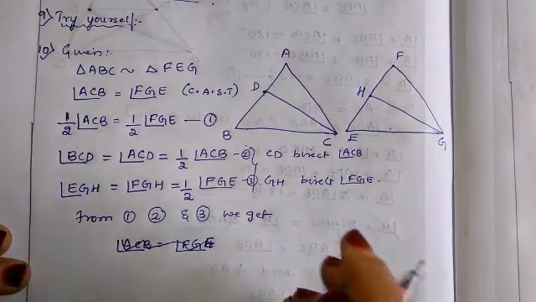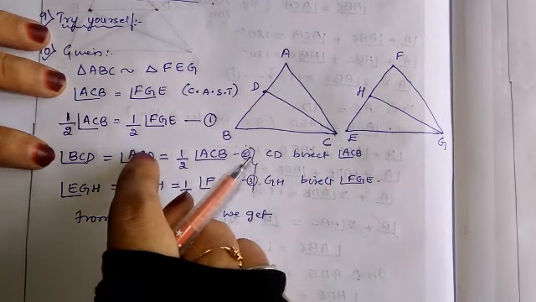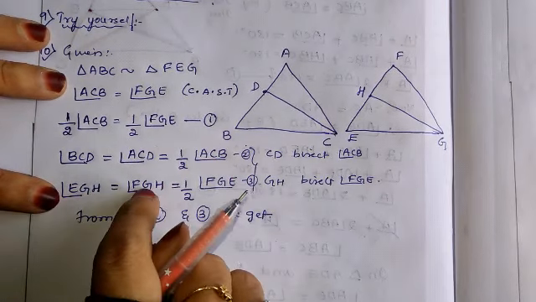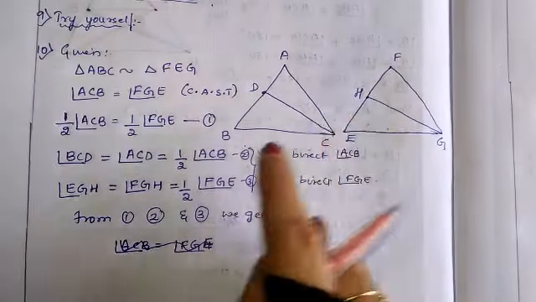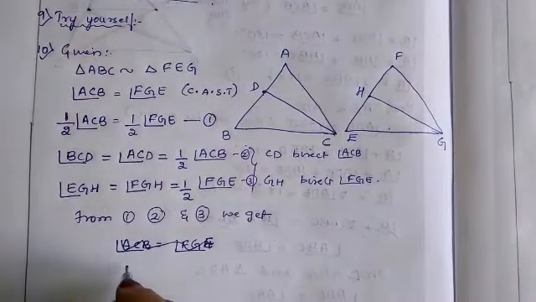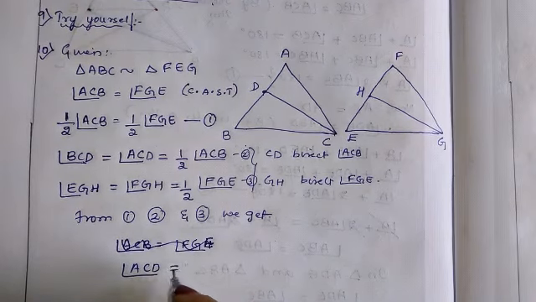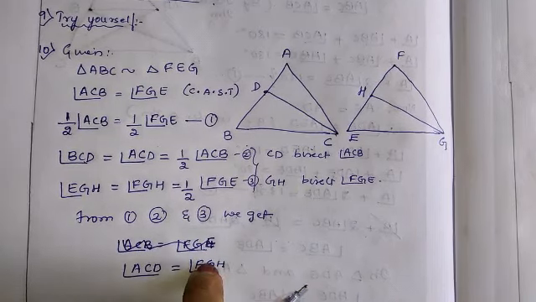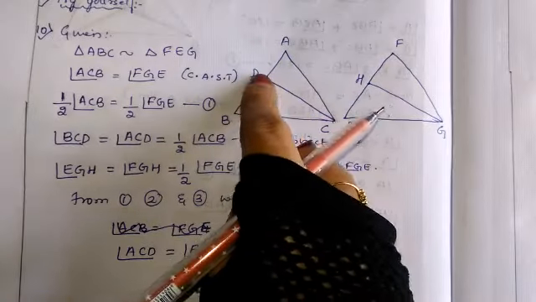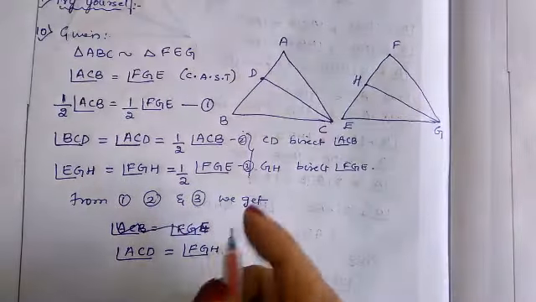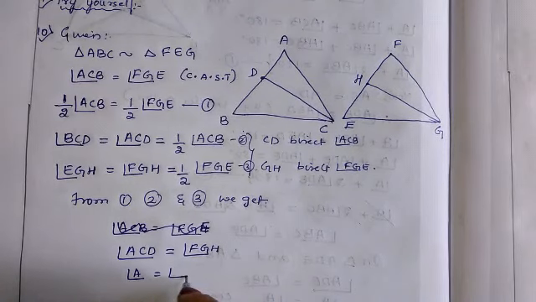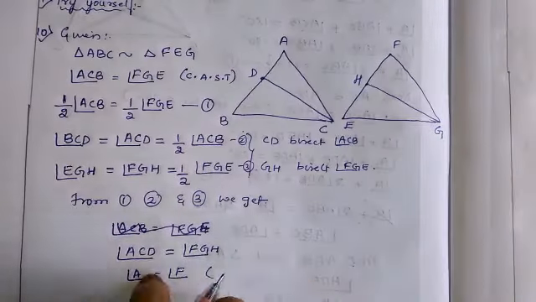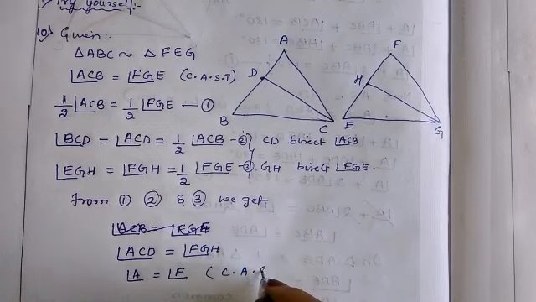What we need actually is angle BCD equal to angle ACD, that is half of angle ACB, and then angle EGH equal to angle FGH. I have just shown you, right? So therefore these two are also equal: angle ACD is equal to angle FGH. And in this, angle A is equal to angle F, corresponding angles, because these triangles are similar.